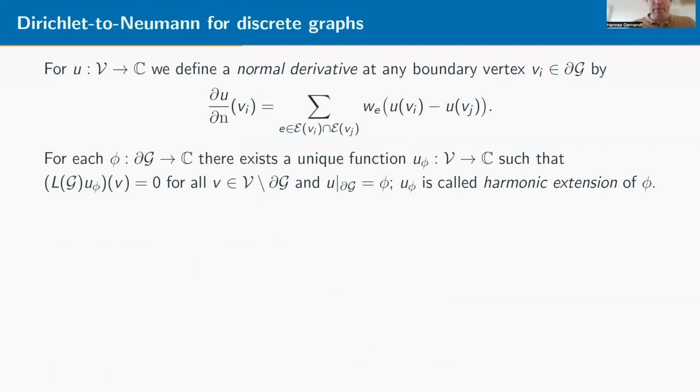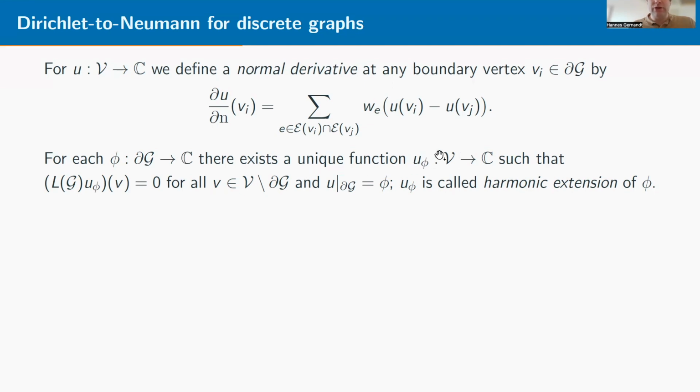And some more notation. Towards having functions on the discrete graph which are prescribed by their boundary values, we consider this function phi, which is defined on the boundary vertices.